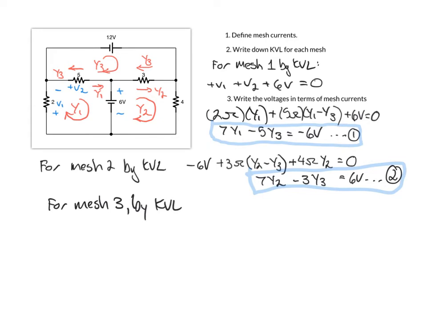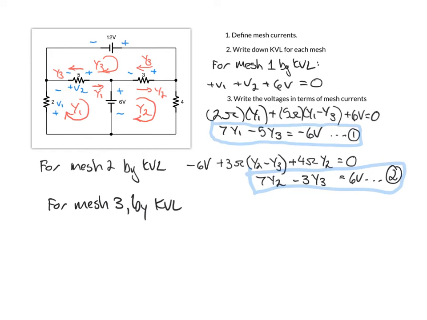So from the point of view of mesh current Y3, it is flowing from a positive voltage here to a negative voltage here, and it's the same for the 3 ohm resistor. So the polarity of the resistors is not fixed. It depends on which mesh current you're considering.